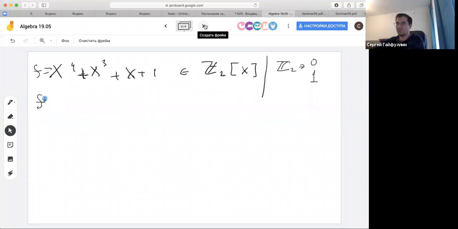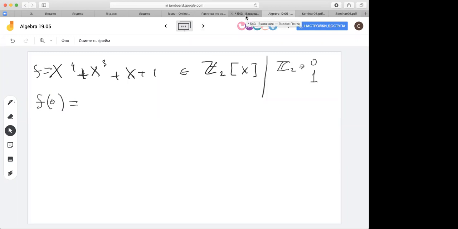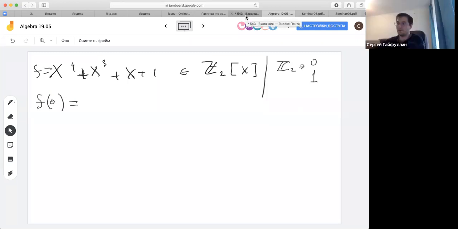f of 0 equals what? Please tell me. It is 1. Of course, this is 1 because this is 0, 0, 0, and this is 1. And f of 1?